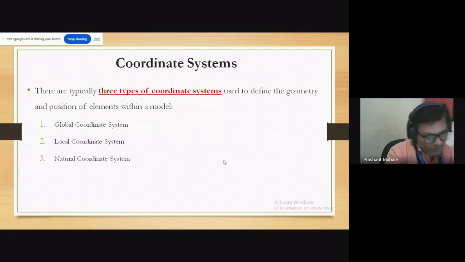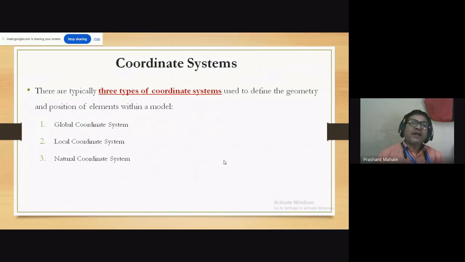Generally, if you see the general coordinate systems, we have the Cartesian coordinate system, that is x and y, x-axis, y-axis. Another we call the path coordinate system.